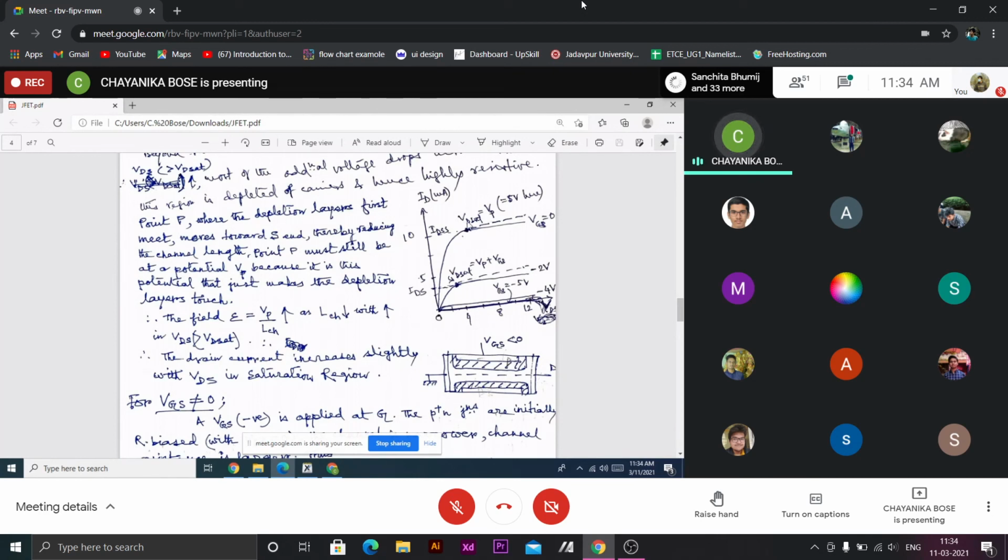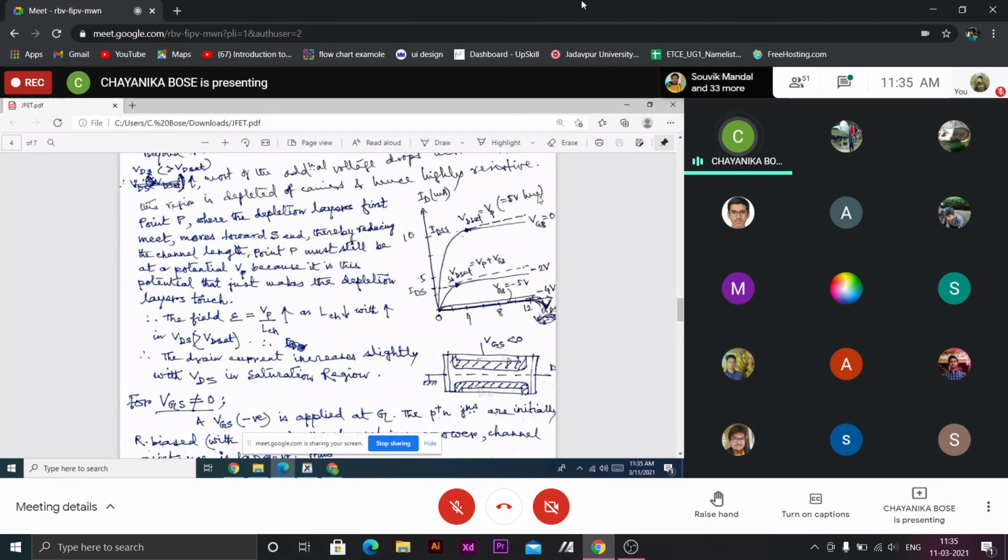If you remember, for BJT we have also seen that the collector current is independent of the collector voltage, whether with respect to emitter or with respect to base. So the current is constant there, and that current depends on, say, for common emitter configuration, the specific base current. IC is beta IB.